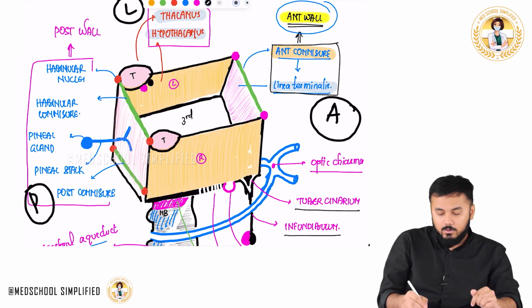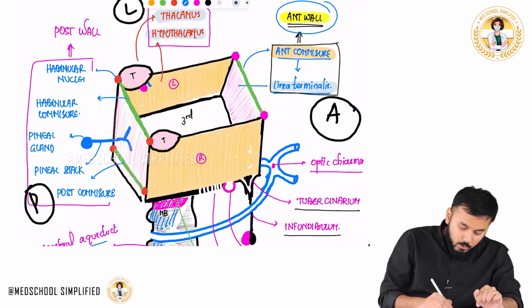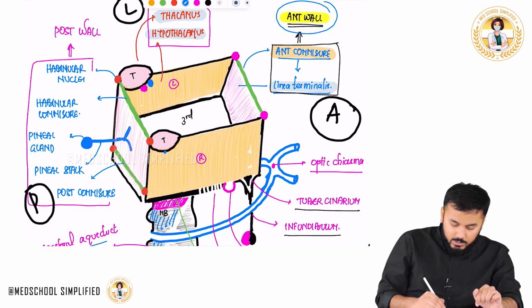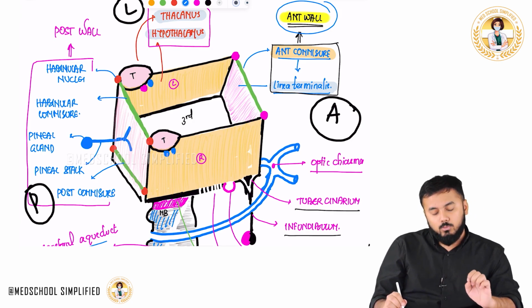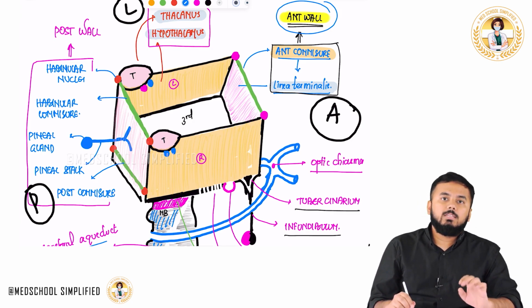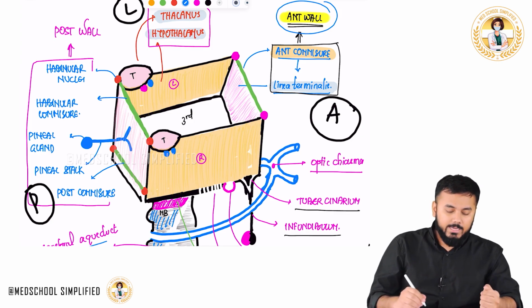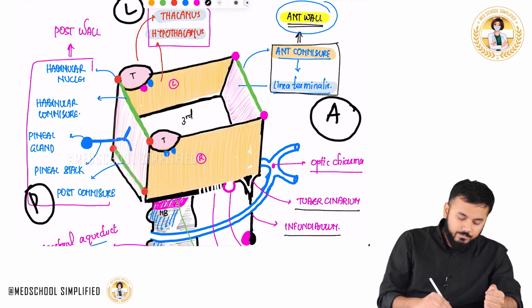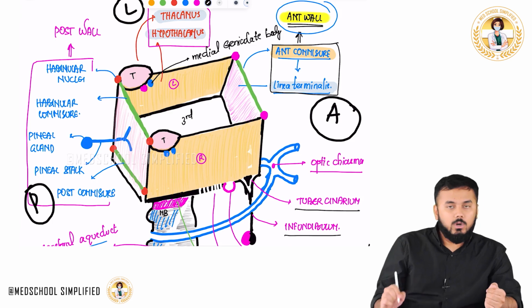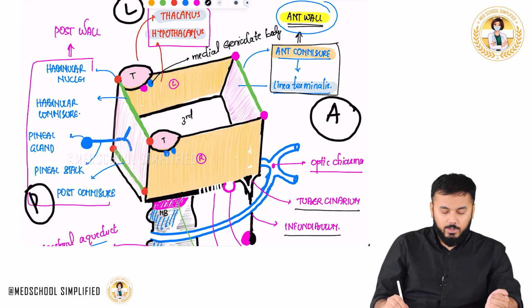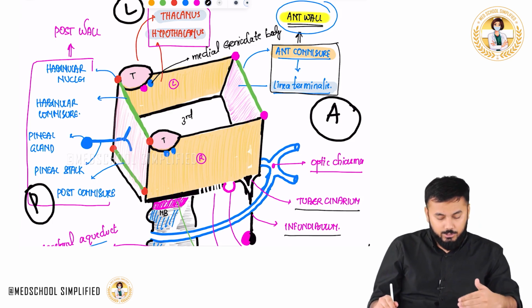Let me draw one with blue, one blue body and one pink body. These two bodies attached to the lower part of the thalamus are the lateral geniculate body and the medial geniculate body. This one is the medial geniculate body, and the other is the lateral geniculate body. But anyway, that is not a part of today's discussion.